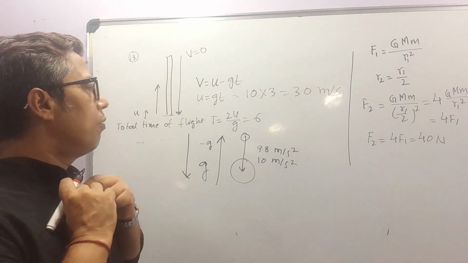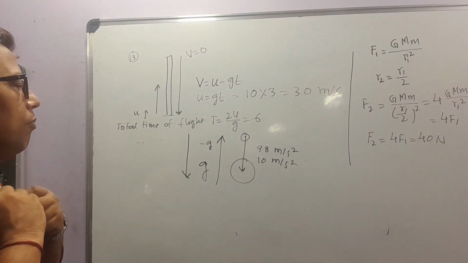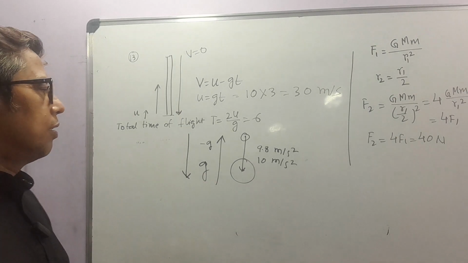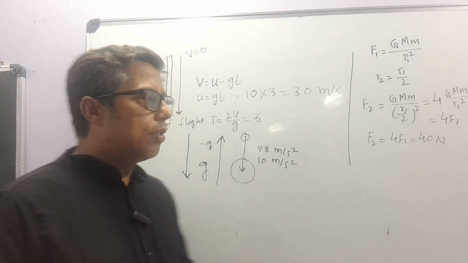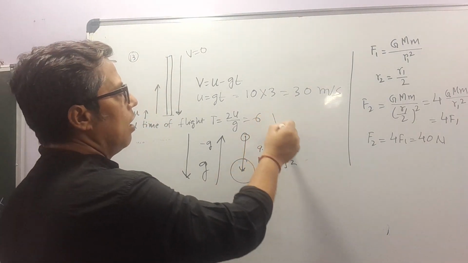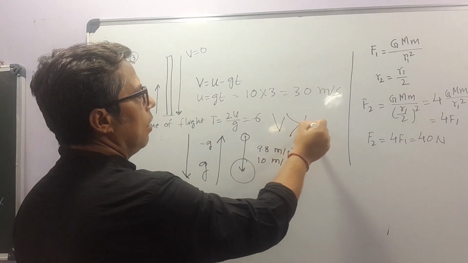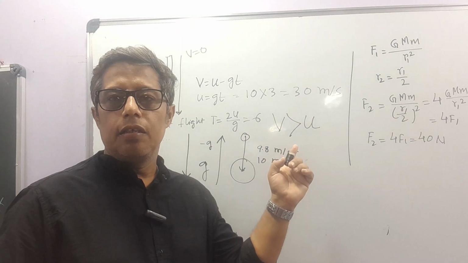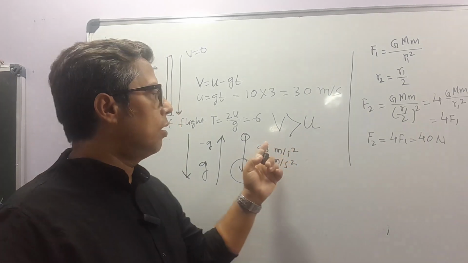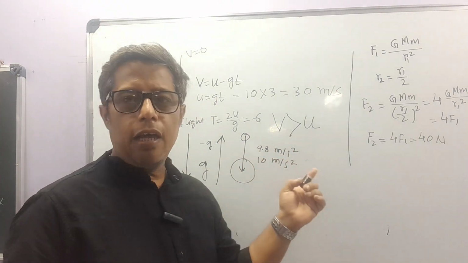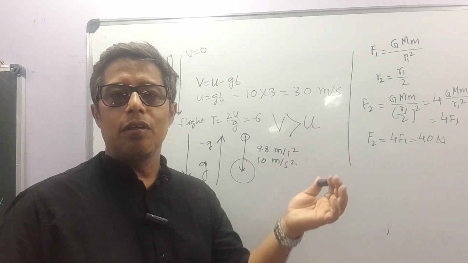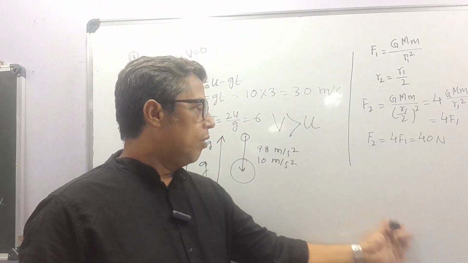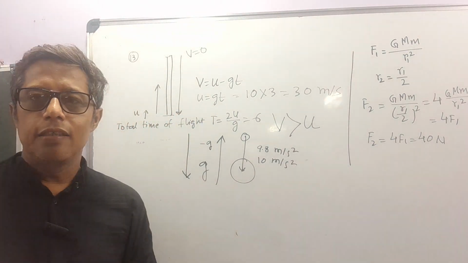Okay. Now, what is accelerating motion and what is retarding motion? Accelerating motion means the final velocity is always greater than the initial velocity, that is, the magnitude is increasing. There are other cases, like circular motion, where the magnitude is the same but the direction is changing.